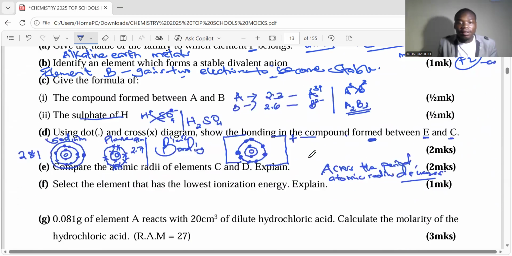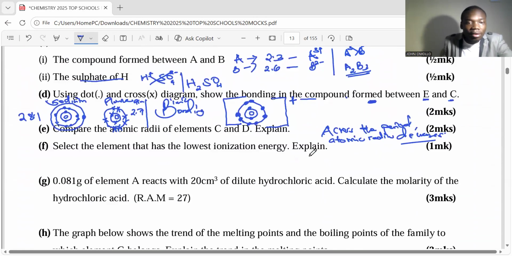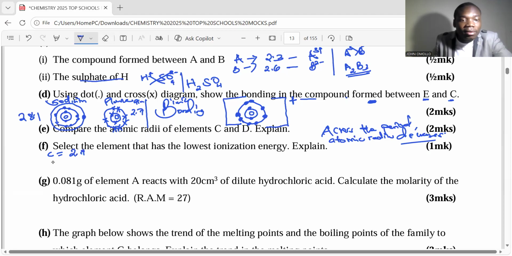Now, for instance, I have elements like C and D. C belongs to group 7, period 2. D belongs to group 8, period 2.